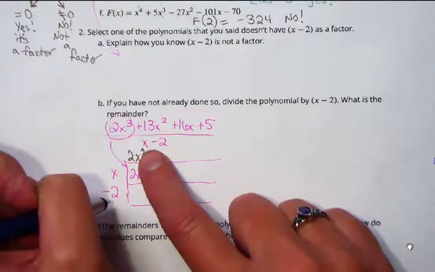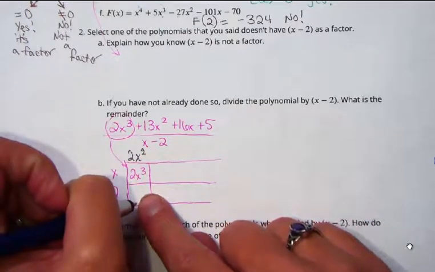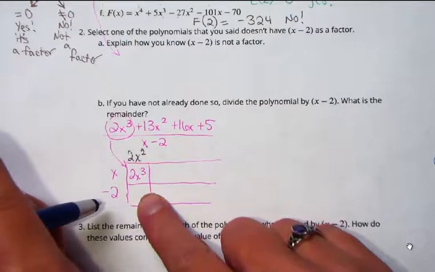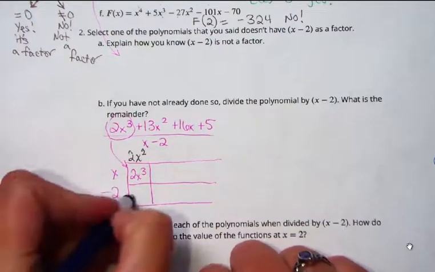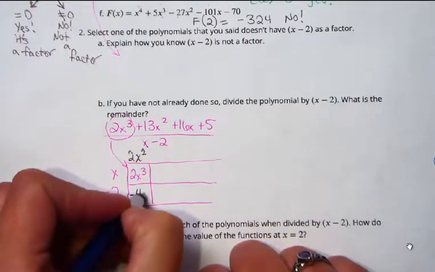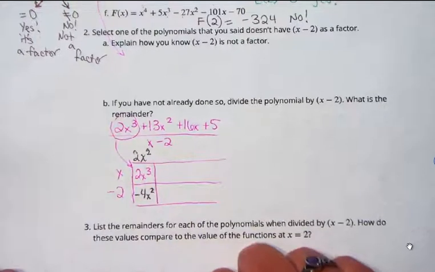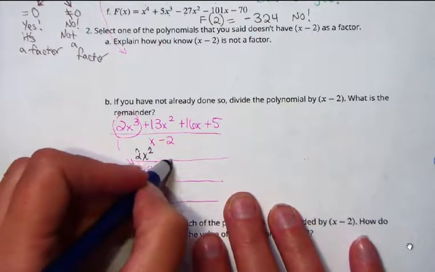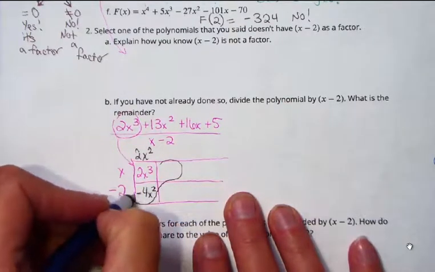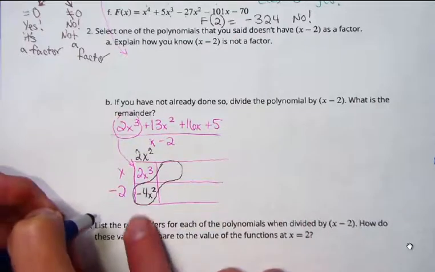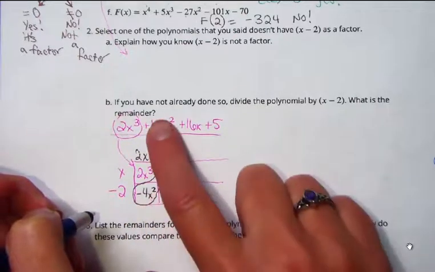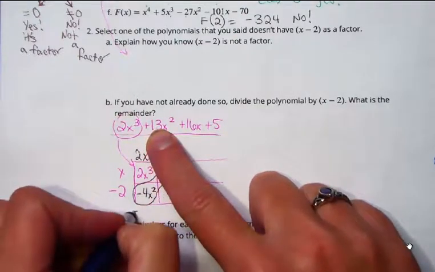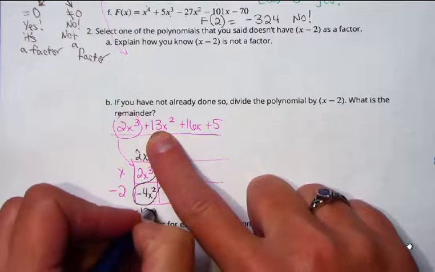Once I have something on the top, I can fill it all the way down. 2x squared times a negative 2 would be a negative 4x squared. I don't know what's in the next diagonal box, but I know my x squared terms have to add up and equal 13x squared.